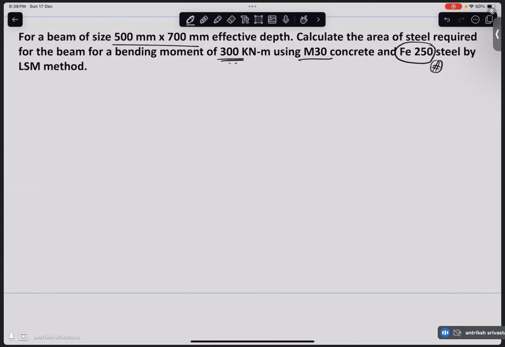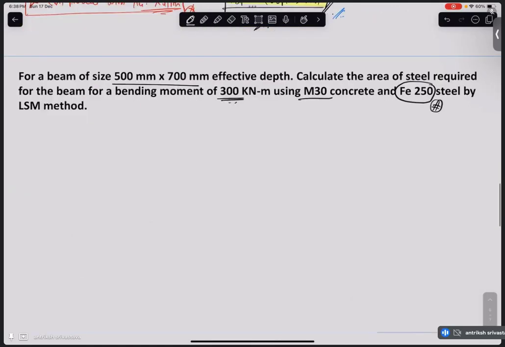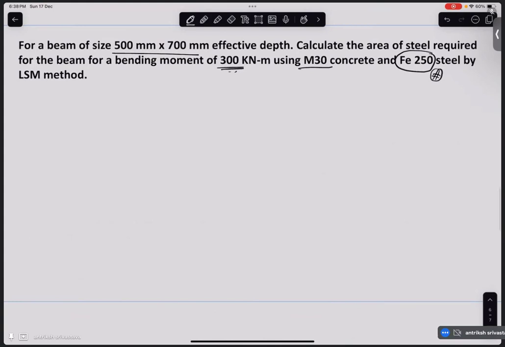And even if I reduce the steel grade with a similar area of steel, you will see that I will be able to resist this particular moment. So it means that LSM designs are more economical, you can say.